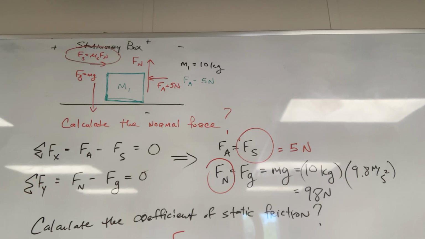So understand, we don't always have to calculate acceleration. There are other things we can calculate, especially if the box is stationary. There's no acceleration, so we're not going to calculate acceleration on a stationary box. That makes sense, right? But on a non-stationary box, we will.